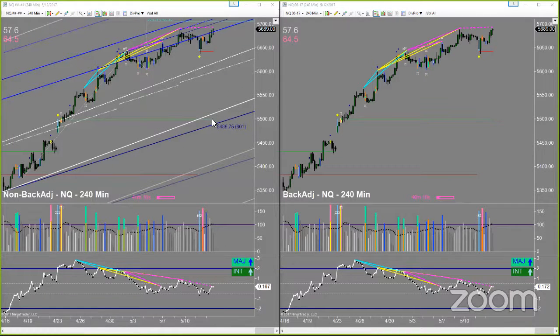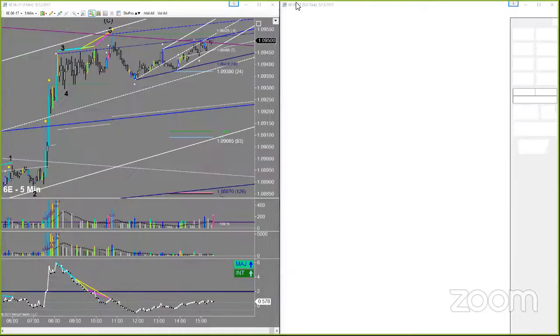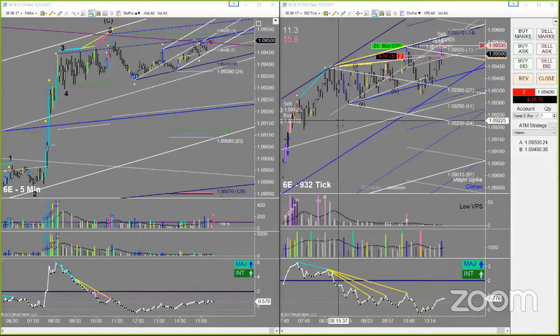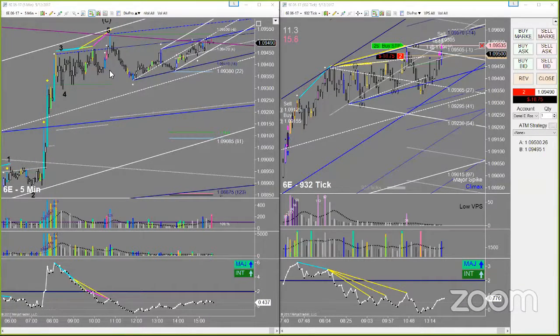So let's do this. We'll start with the 6E because I am just getting into a short here. We set this up in the room today, this swing high. I think Josh took it, the guy that helps me in the room, also our programmer, and he got out at the low here.